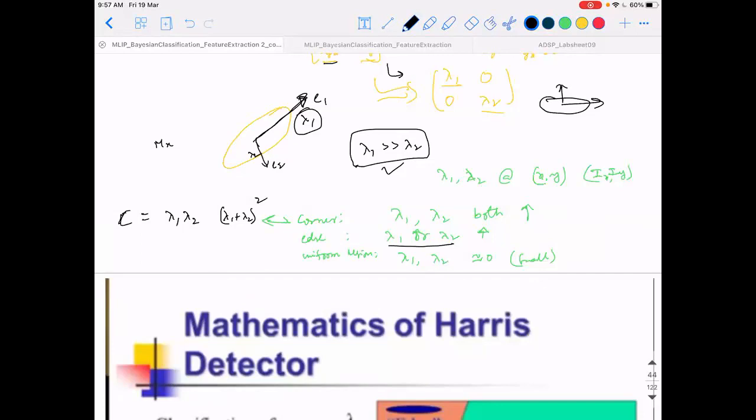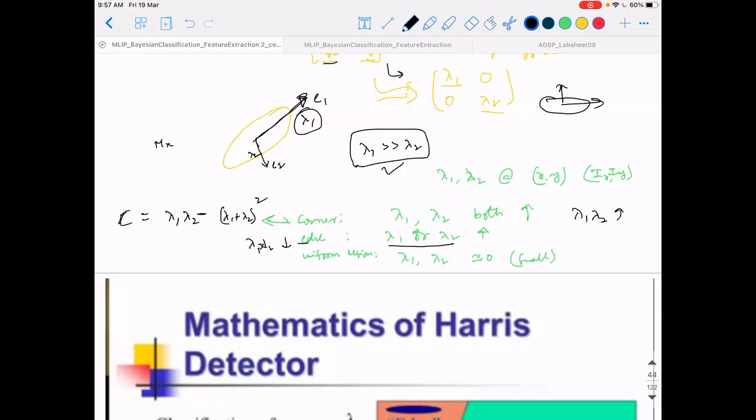So for an edge, the product lambda 1, lambda 2 is small, and for a corner lambda 1, lambda 2 is high. Whereas the sum is high in both cases, so there is not much variation.